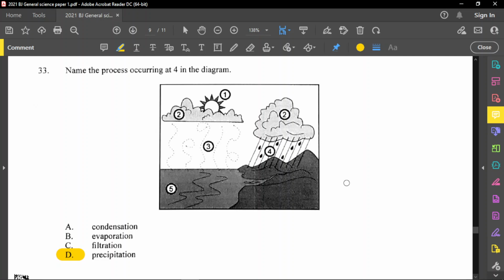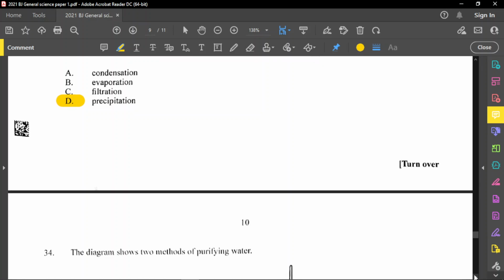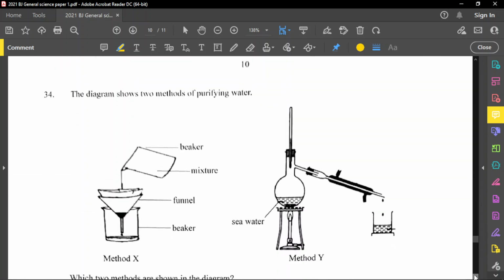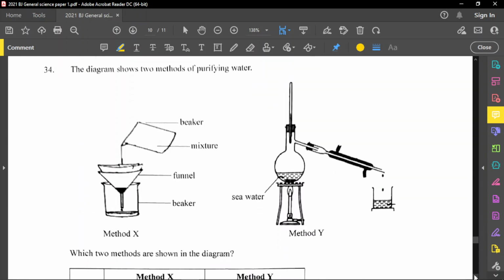All right. Now let's continue here. For question number 34, the diagram shows 2 methods of purifying water. So here we have method X, and everybody knows that this is a filtration process because this is a filter funnel. And then method Y, we have a simple distillation, when you see it carefully.